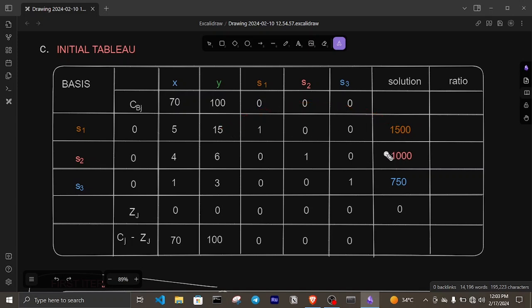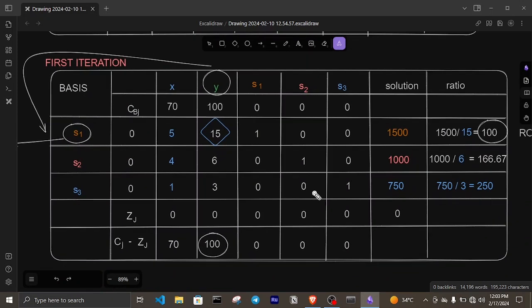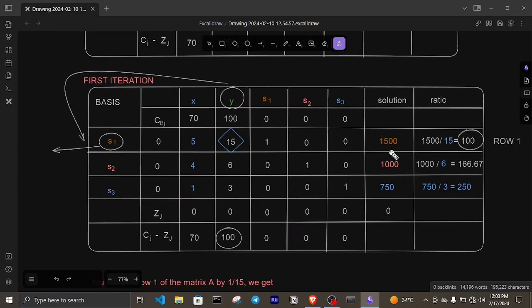So you divide the solution 1500 by 15 to get 100. You do the same thing for 1000. You take 1000 divided by its corresponding value on the key column, which is 6, and we get 166.67. Next, you take 750 and find its corresponding value on the key column, which is y, the value 3, and you divide it and you get 250.